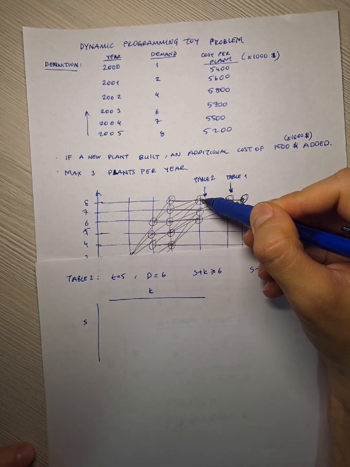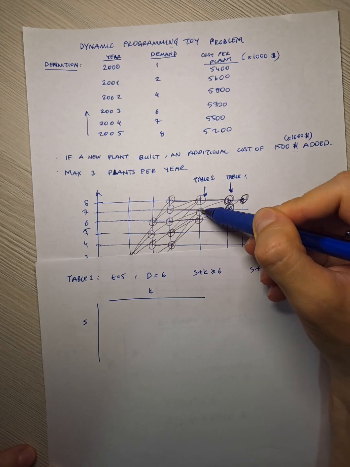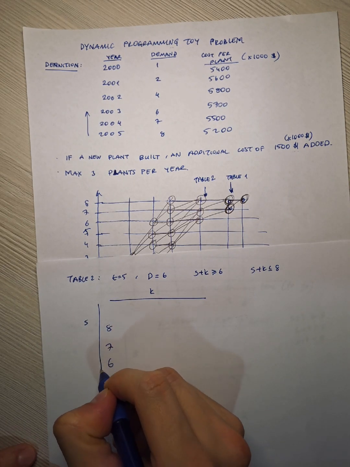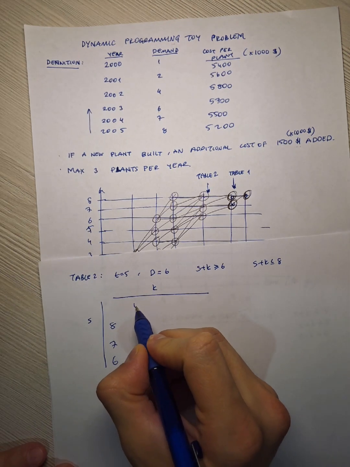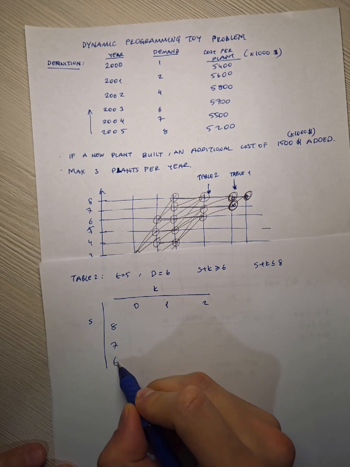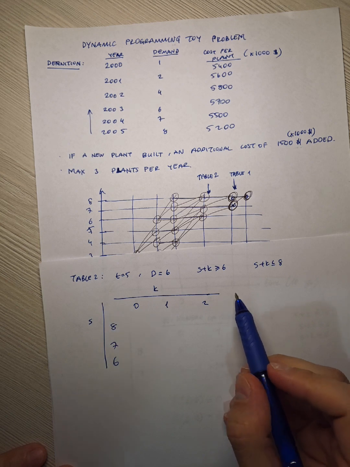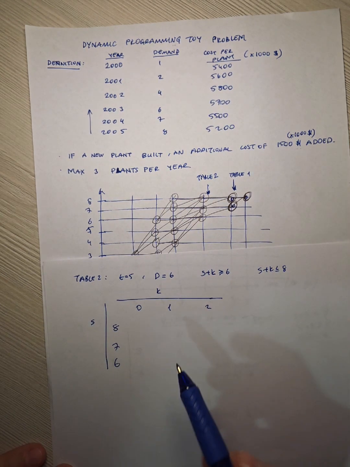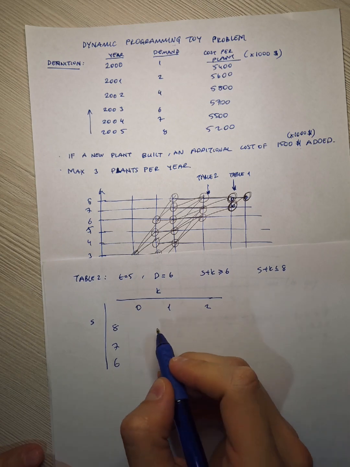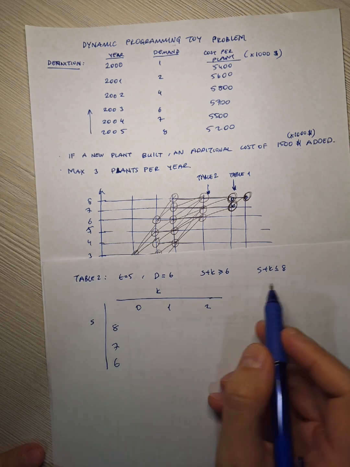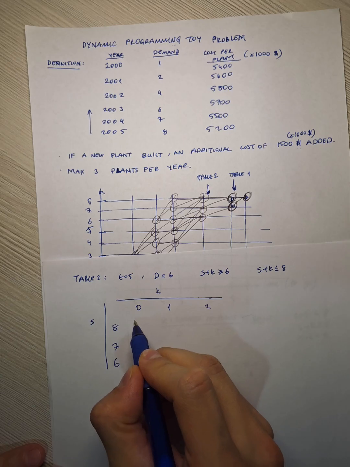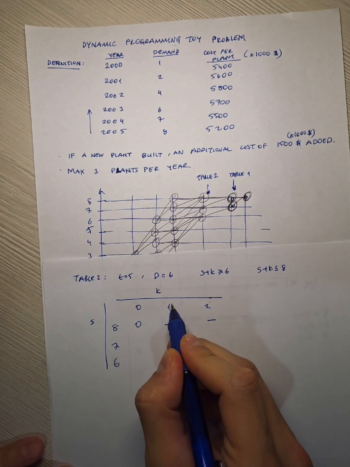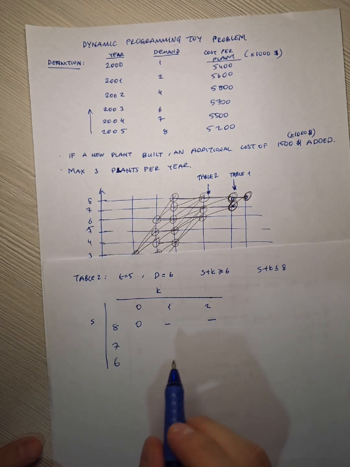So the state could be 6, 7, and 8 from previous step. So we can build 0, 1, or 2. Actually, we can build up to 3, but here if you put 3, none of these cases will satisfy the condition. So it will go at least 9. Okay, so the cost of not building anything is 0. And if you build 1 over 8, we will exit this value.